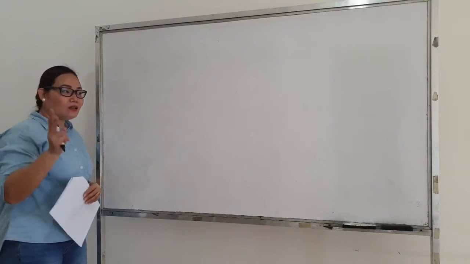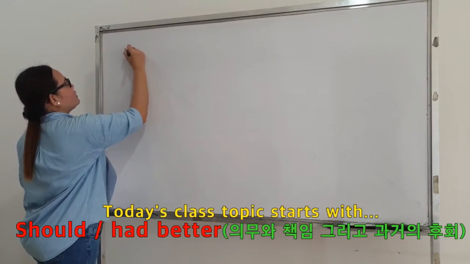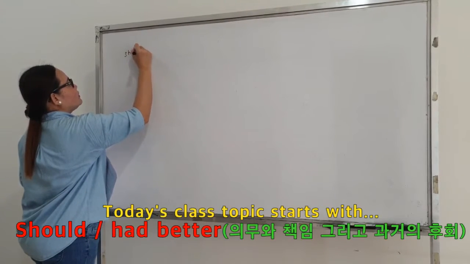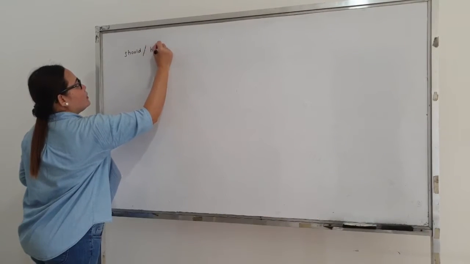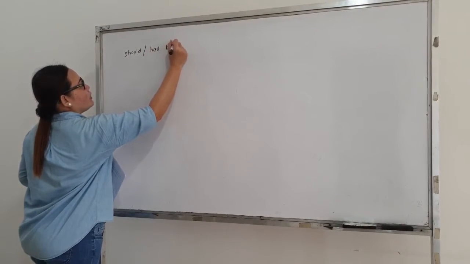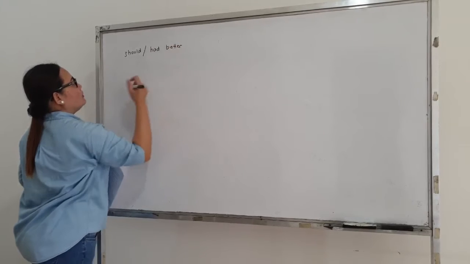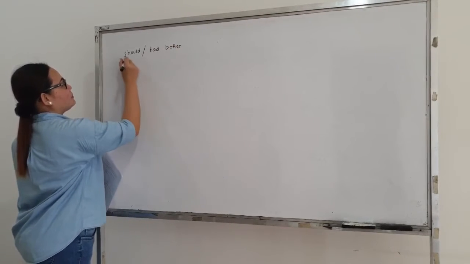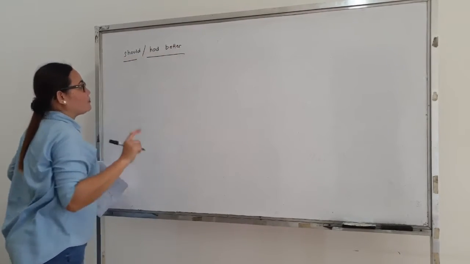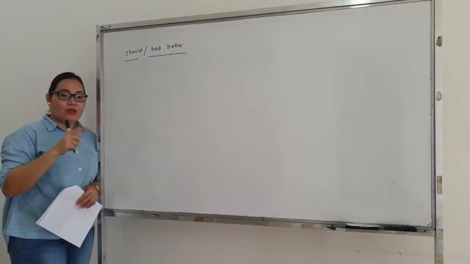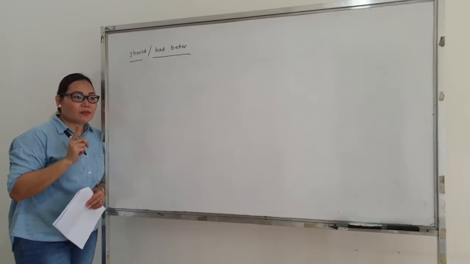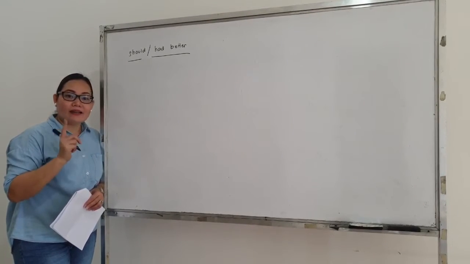There are two ways to express advice, and that is with the use of should and had better. Okay. Again, from my previous example, if you could still remember, it's the use of must and have to.